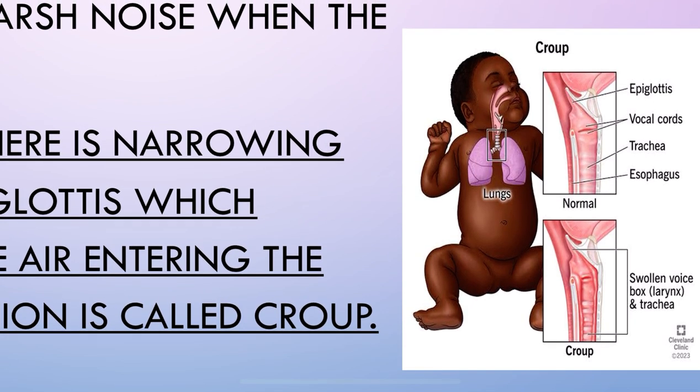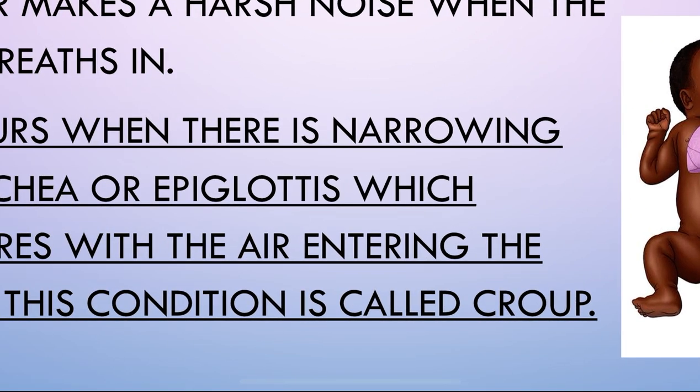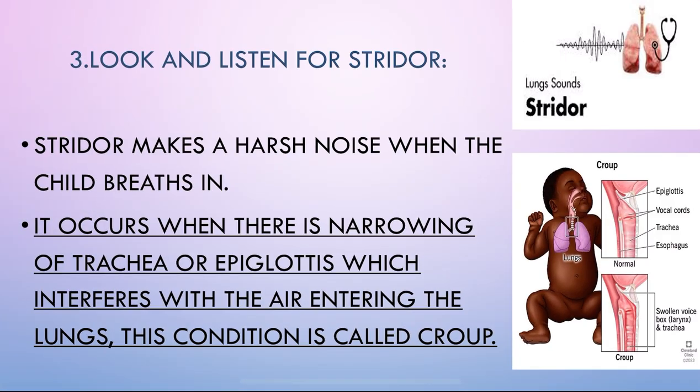There is narrowing of the larynx, the swollen voice box, larynx and trachea because of the infection. Once the swelling occurs, there is a narrowing of the trachea or the epiglottis which is interfering with the air entering the lungs. This is called as croup. These conditions are often called as croup and the patient presents with stridor.